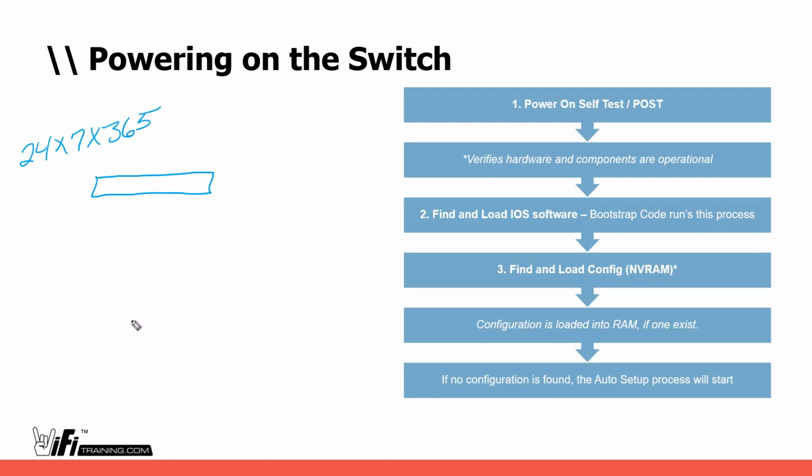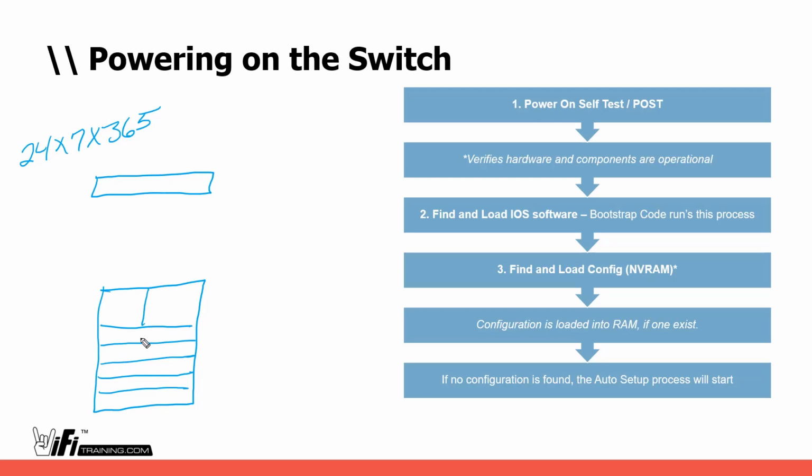Now, some of the larger chassis switches that I'm sure you've seen before, if not, you'll see in a little bit, have blades in them, anywhere between 2U and like 12U.